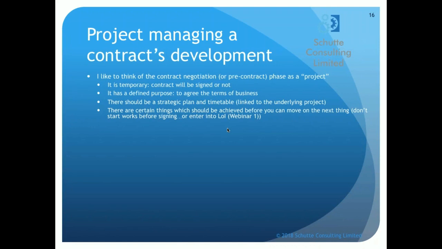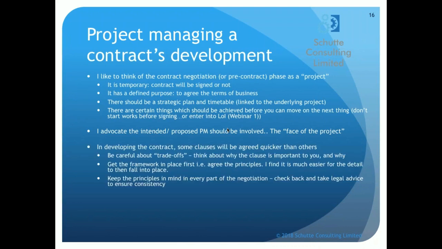We also looked into the pros and cons of entering into a letter of intent, if time is running short. So the contract negotiation phase, in my world, is a project itself. And I strongly advocate that you, as the intended or the proposed project managers on that project, should be involved. You are, in my world, the face of the project and the driver of that delivery.